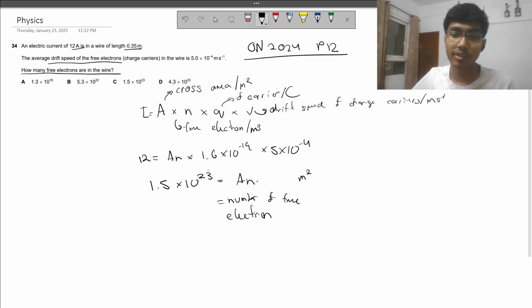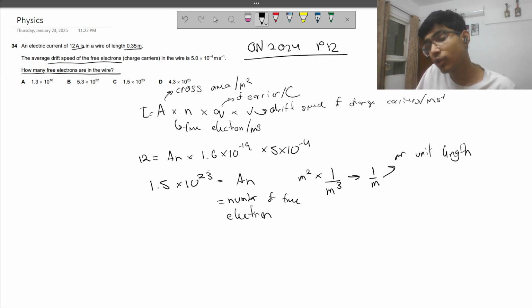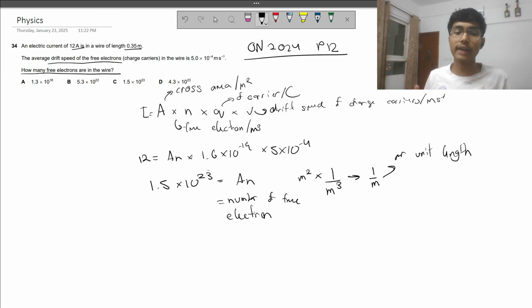If we do this over here, this is per unit volume, we'll notice that this turns into 1 over meter. So this is per unit length, right? This basically means there's 1.5 times 10 to the power 23 free electrons per unit length.